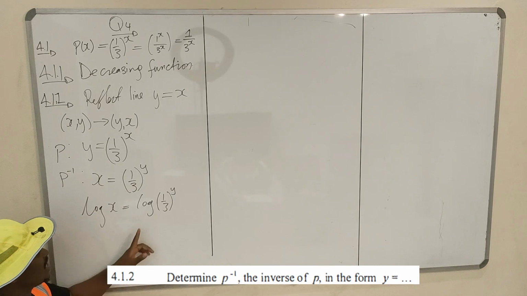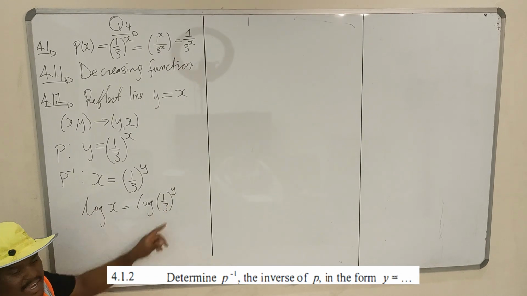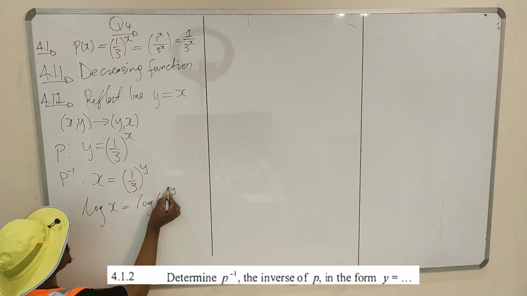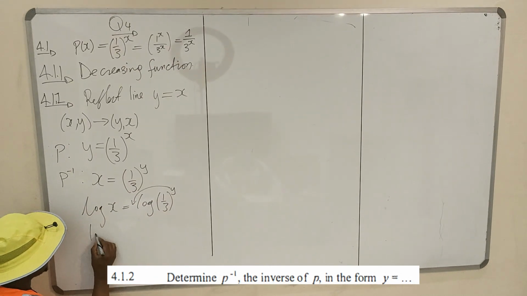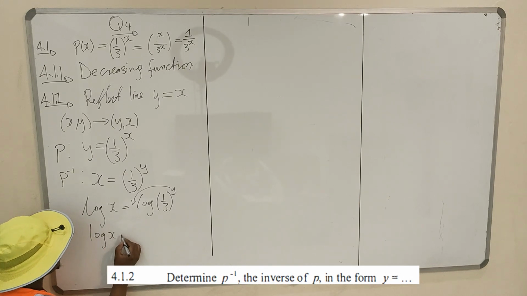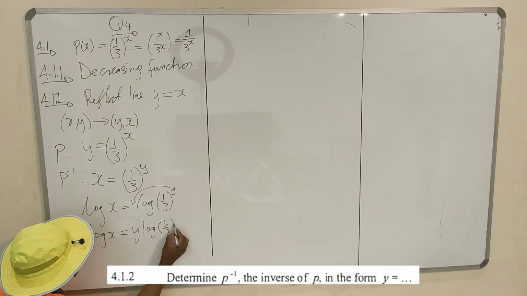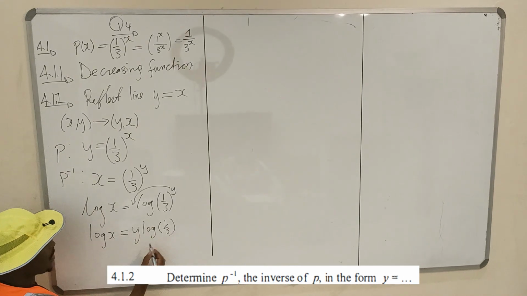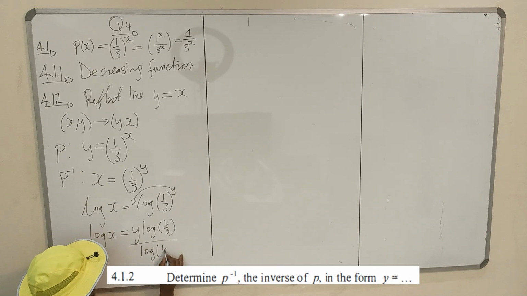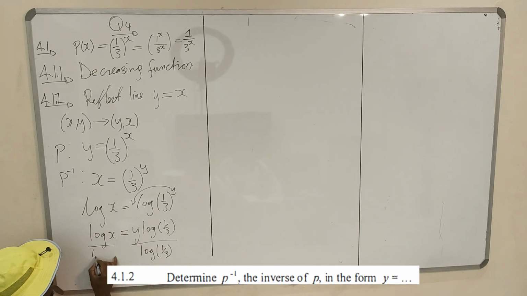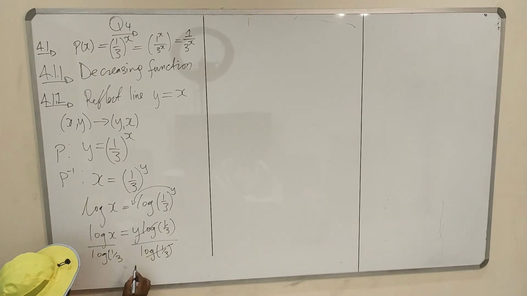When you're logging something and it has a power, that power always goes to the front. So you have log x is equal to y log 1 over 3. Then you divide by log 1 over 3 both sides. This and that go away.